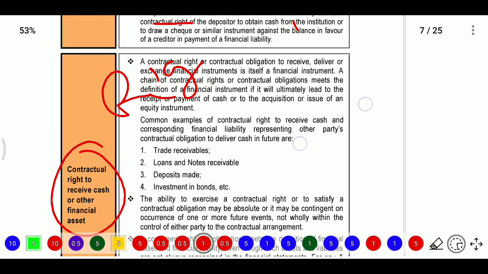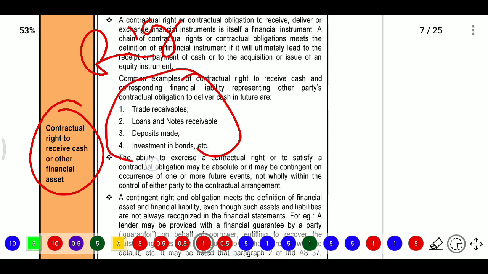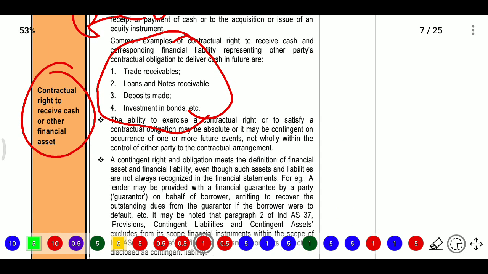So common examples are trade receivables, loans and notes receivable, deposits made, and investments in bonds, etc. These are all included in financial assets, and the right to receive in cash is also included in financial assets.